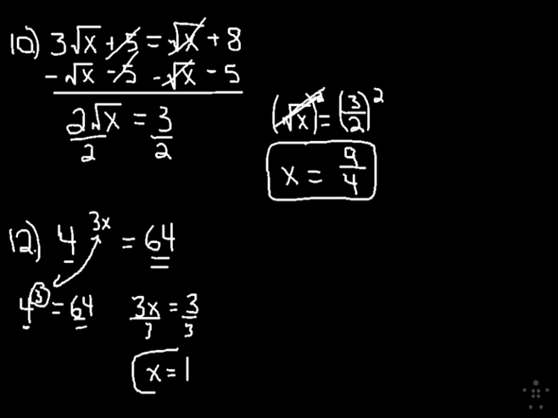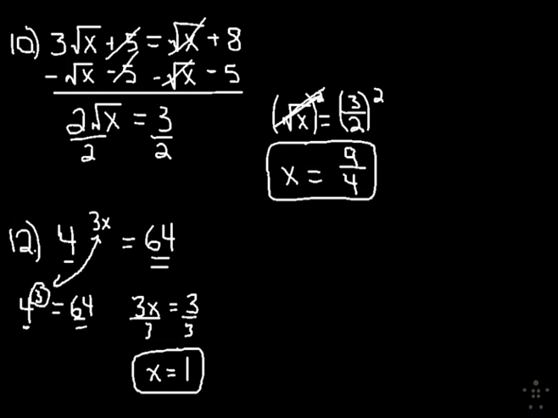So this one right here, you can almost do in your head mentally, if you just kind of know some of your cube roots, or some things raised to the third power. And so this one is just x is equal to 1. So sometimes look at the problem to see if you can do it mentally before you even have to do any solving of algebra.